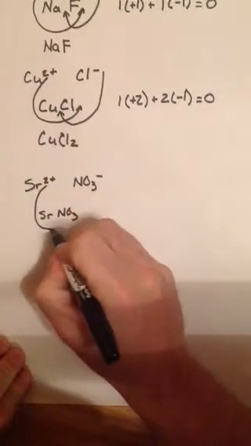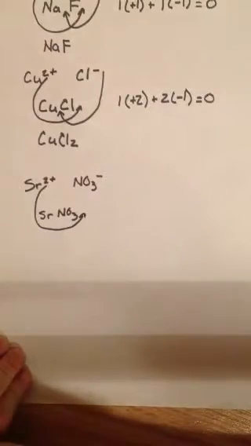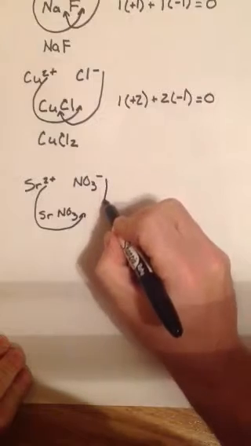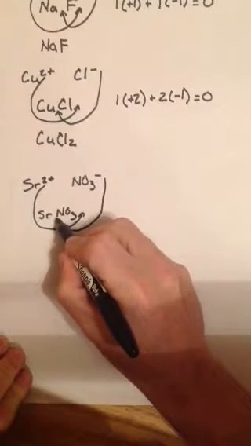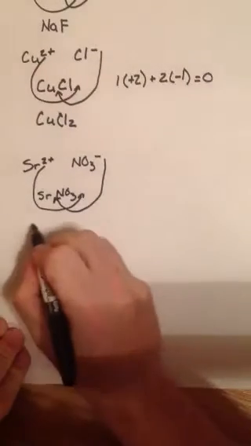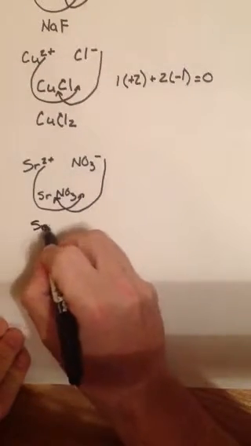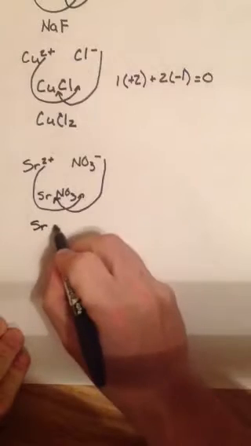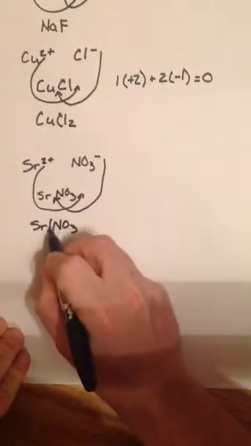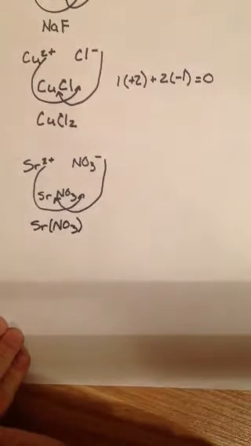The 2 for the strontium becomes the subscript for the nitrate. The 1 for the nitrate becomes the subscript for the strontium. So my formula becomes Sr, but to show that there is 2 NO3s, 2 nitrates, I have to put the nitrate polyatomic in brackets or parentheses and then show the subscript.